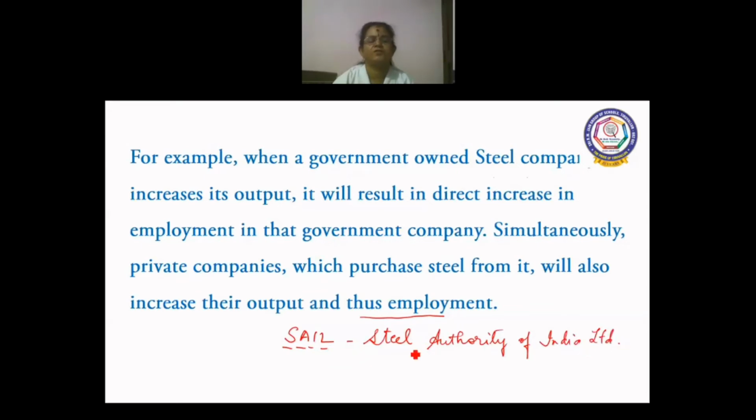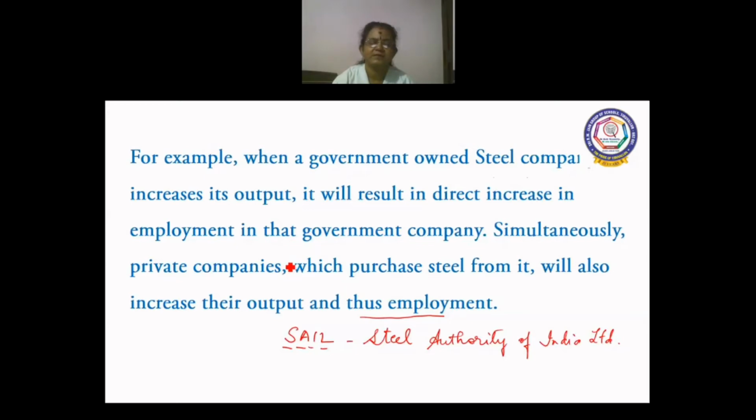If it increases its output by increasing employment opportunities, we call this direct employment.